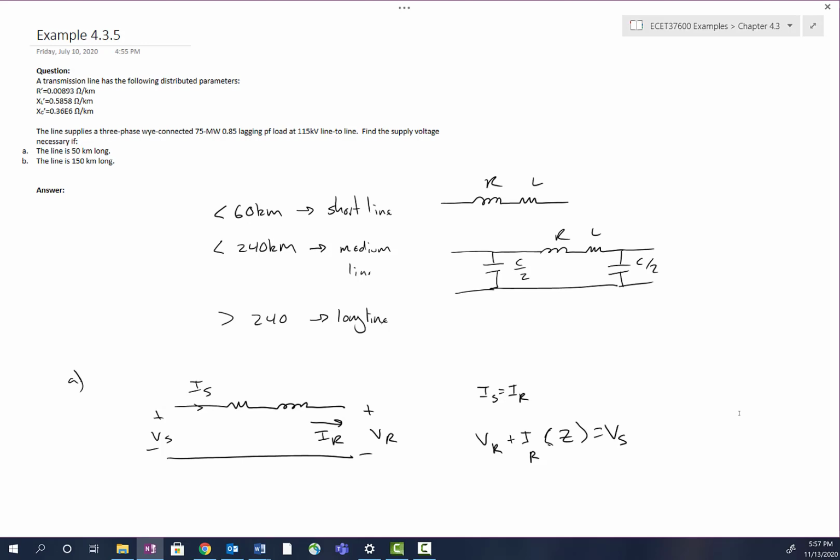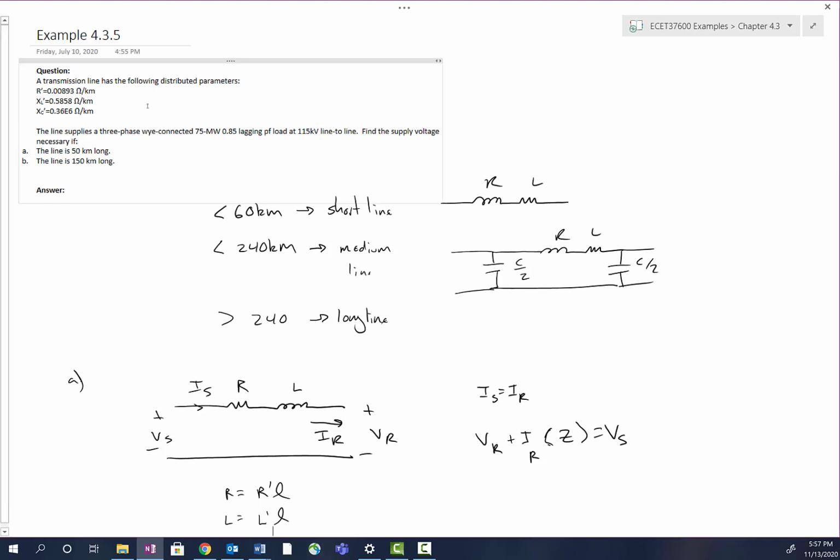In these short models, we don't use the distributed parameters, we use lumped elements, so I want that to be an R and an L, where R is given by the distributed parameter per unit length times the length of the line, and L is equal to L prime, in henries per meter or per kilometer, times the length of the line.